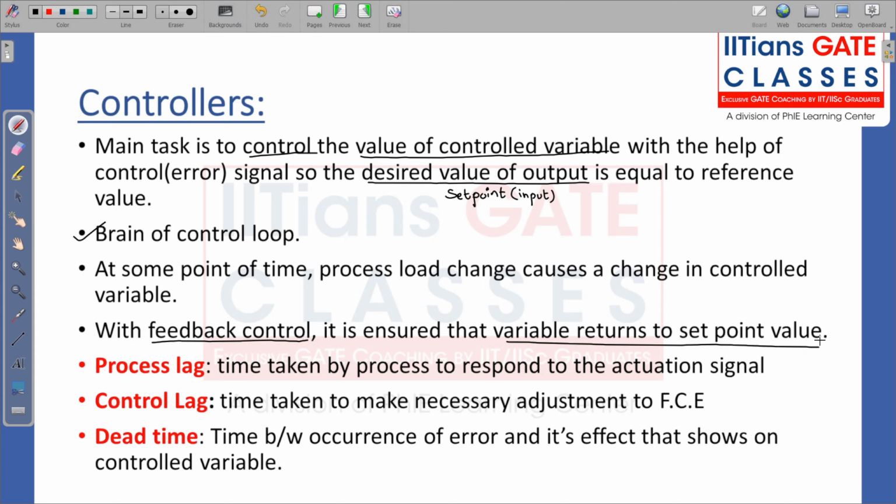All these things we have seen in our control system. We have a feedback loop which usually compares your output with your reference value of the output, which is also called input or set point. We have seen this in our control system.